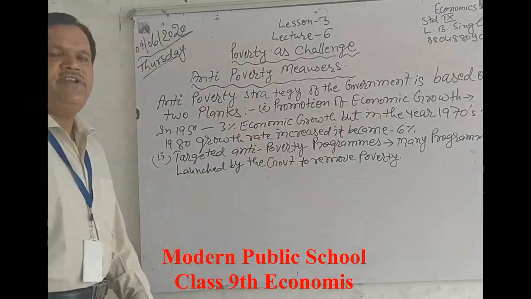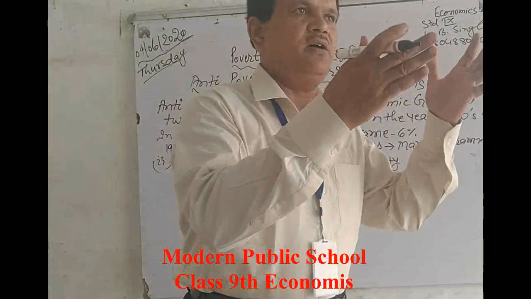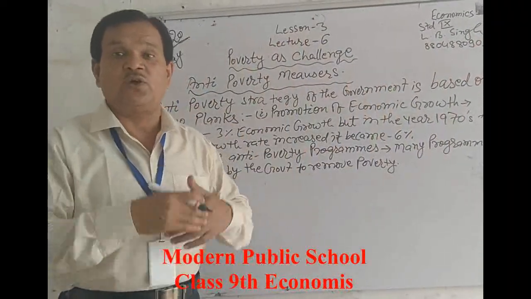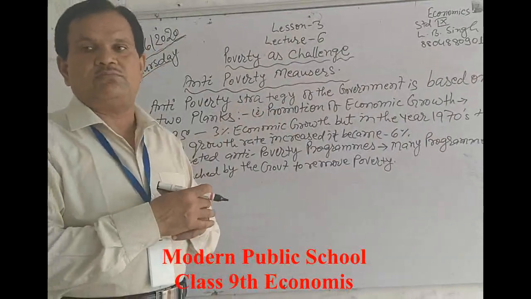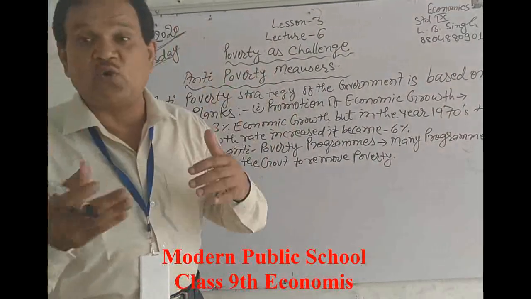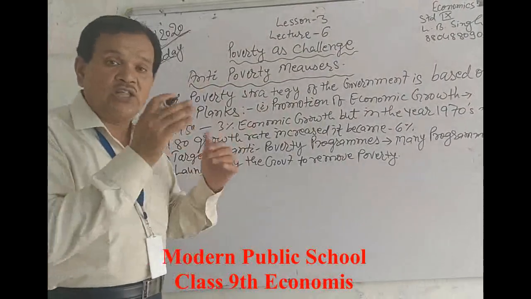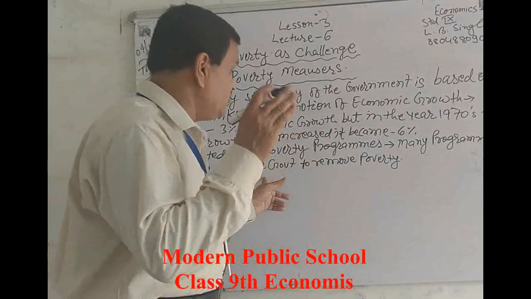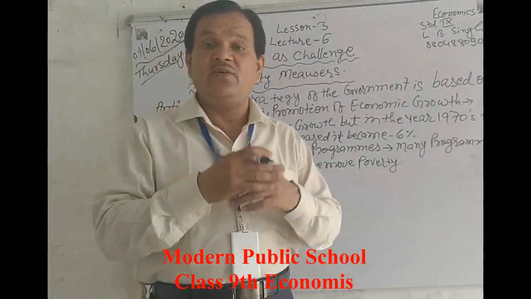After 1980, there was economic growth, that means developed, progressed economic growth in these years. To remove all the poverty, the government has started so many steps to remove the poverty from India.